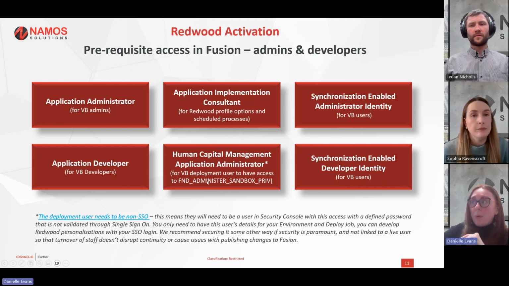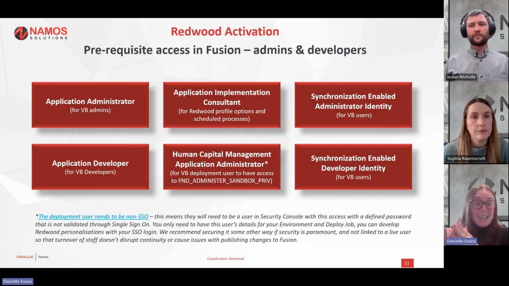Something critical to know about these roles is when you're in Visual Builder Studio and you're setting up your connection between your Fusion environment and your Visual Builder Studio environment in order to deploy your changes, the user that has the credentials put in against the environment needs to have no single sign-on against it. So for those of you who use single sign-on, if that's an issue, then there are different ways that you can do that.